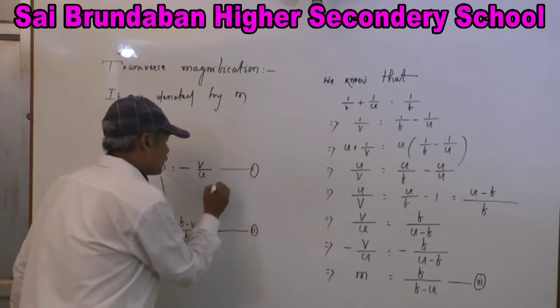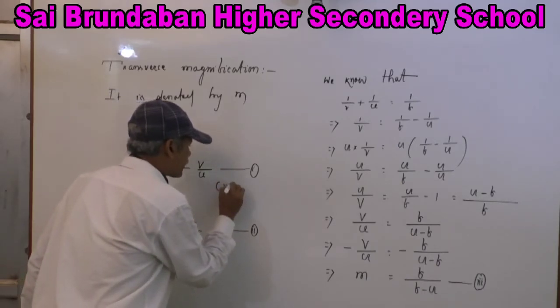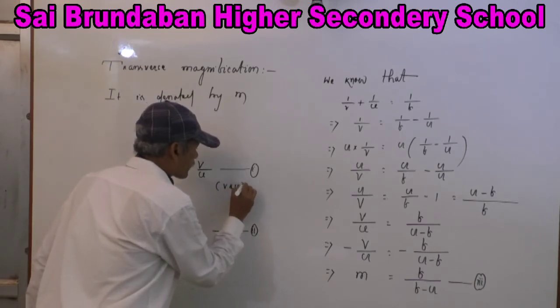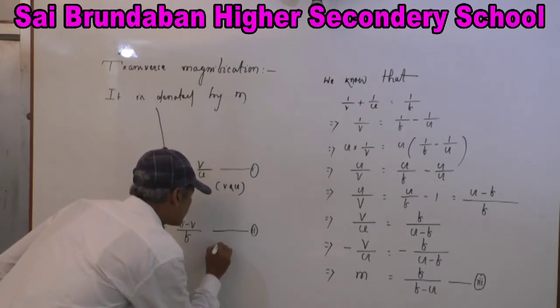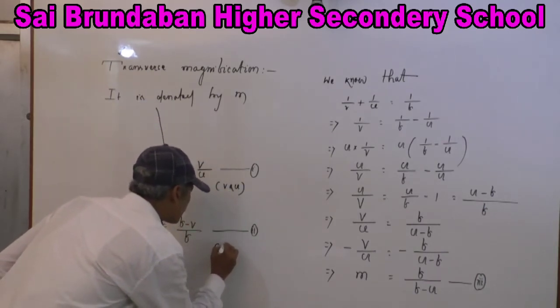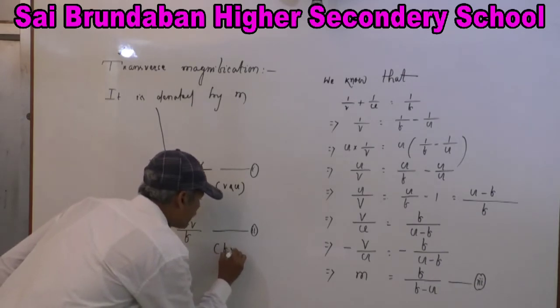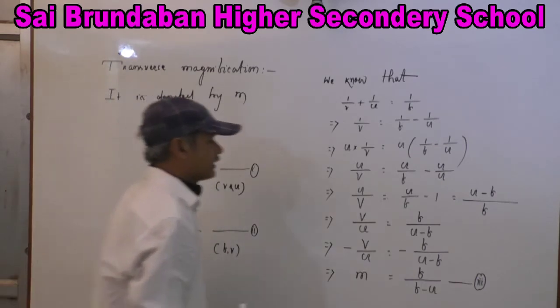Here we require v and u. Here we require f and v to find transverse magnification.